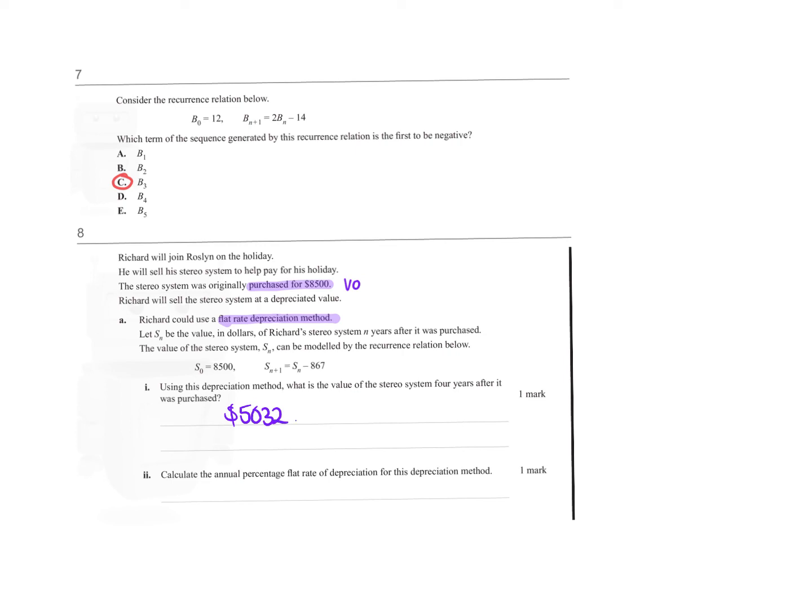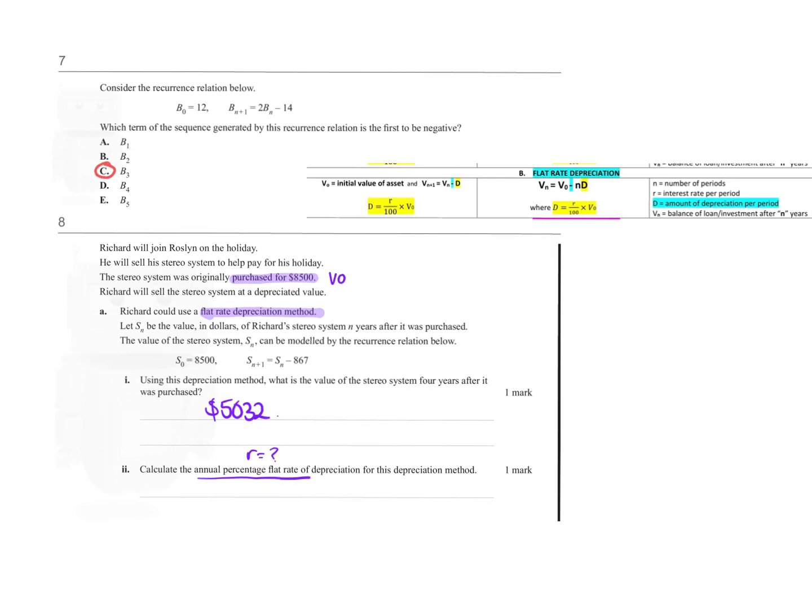Okay, what is the annual interest rate? So with this one, they're trying to find the annual interest rate, which is the R. So what I'm going to use, remember this was flat rate, so I've gone to flat rate. Find a formula that has the R in it, which we can use this D. Now remember, this is our D value there.